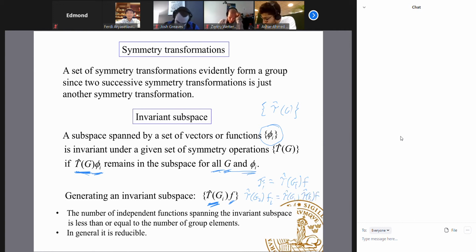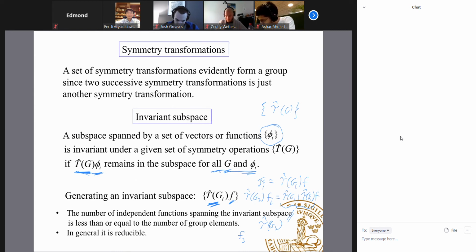But this thing here, tg1 times tg2, or tg2 times tg1, is just another symmetry operation. Yes, so that is equal to, let's say, tg3. But tg3 acting on f is just f3, which is part of the subspace. So we see that it's an invariant subspace. Yes, it's clear.